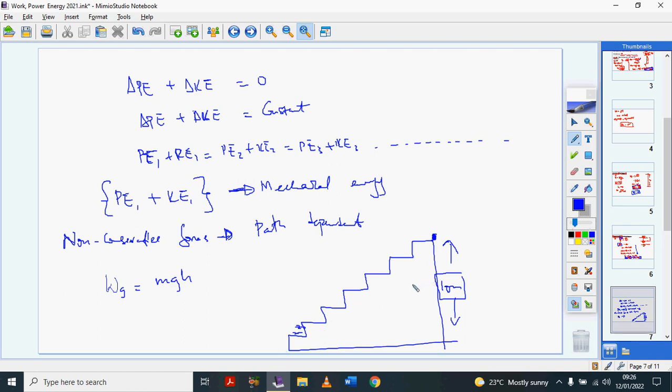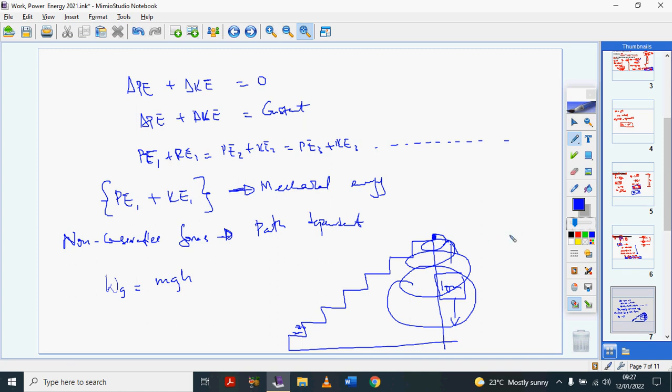Even if you had climbed spiral stairs instead of straight stairs, the potential energy you gain in climbing that height is the same. That's why conservative forces are path independent, but non-conservative forces are path dependent.